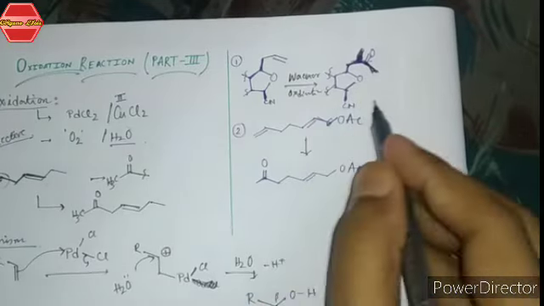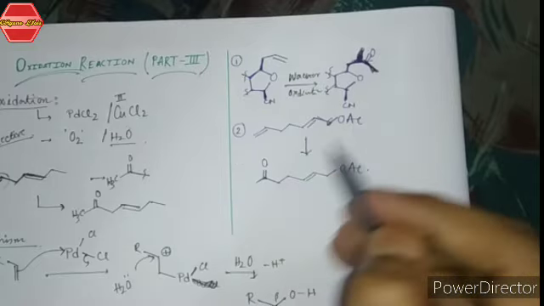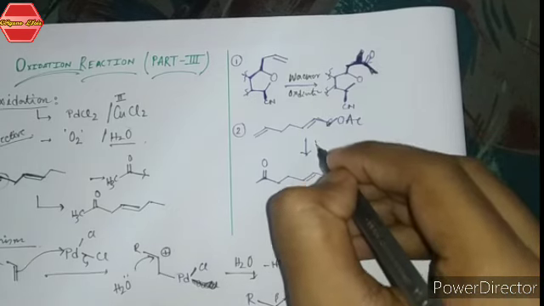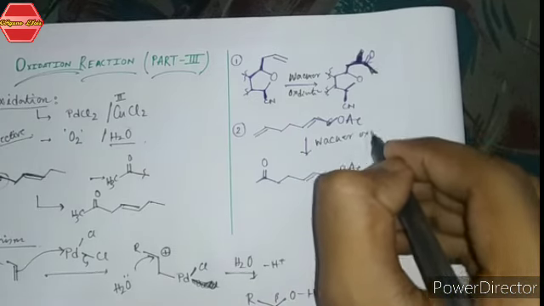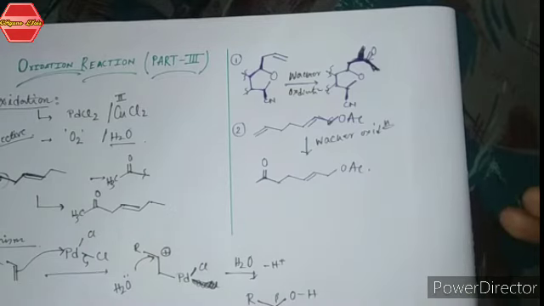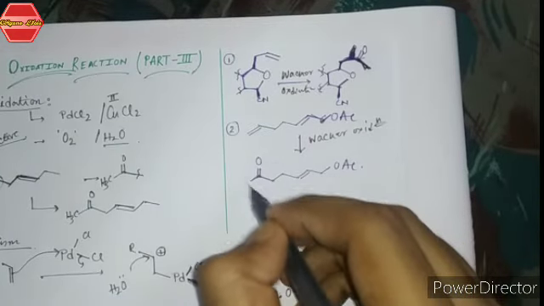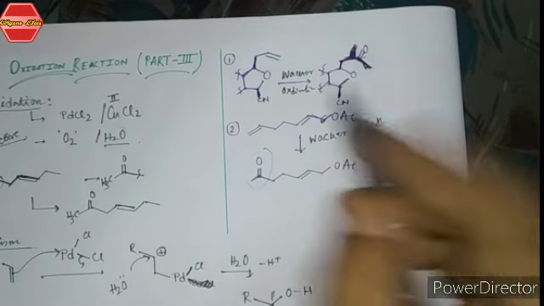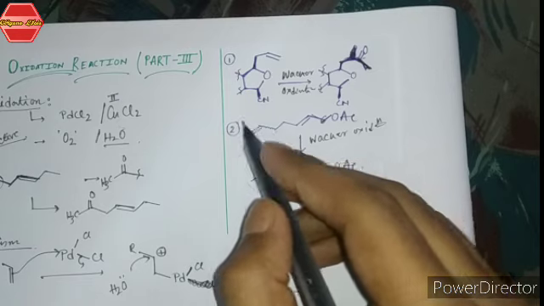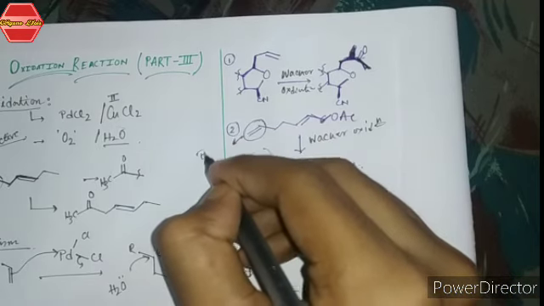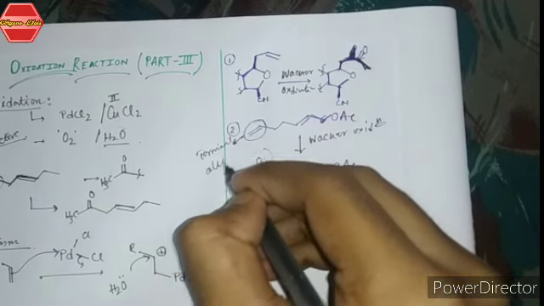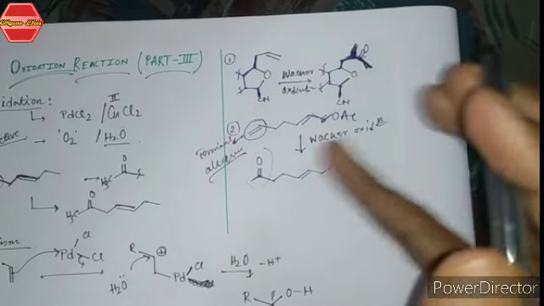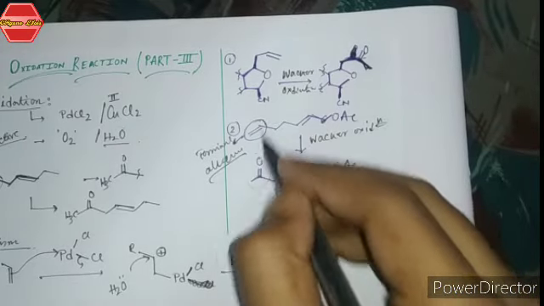So there are two different types of alkene present. Here you have an alkene and here you have an alkene. If we use Wacker oxidation on this type of compound, then the regioselectivity will occur. So this terminal alkene is selectively oxidized to this methyl ketone.